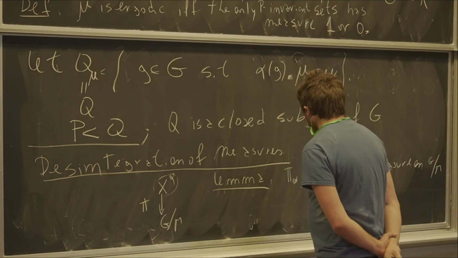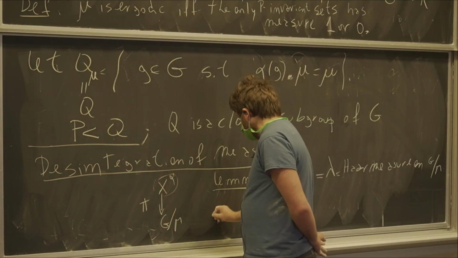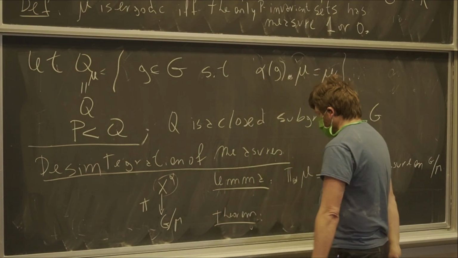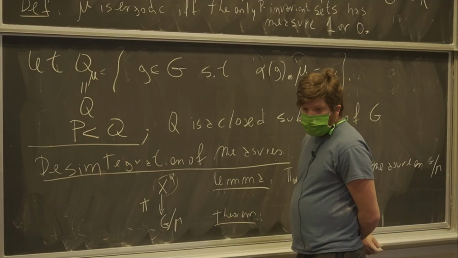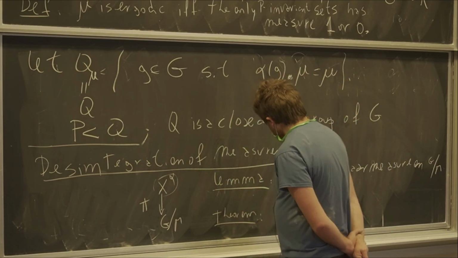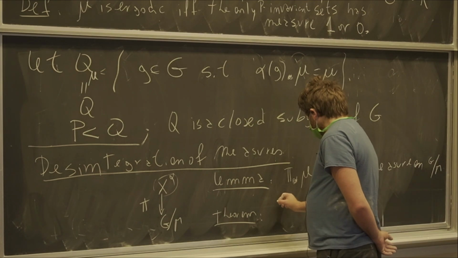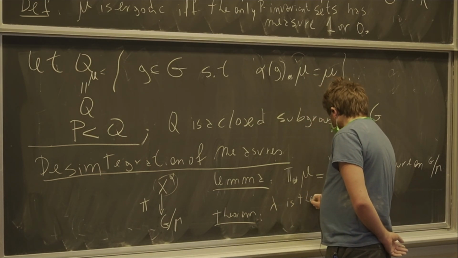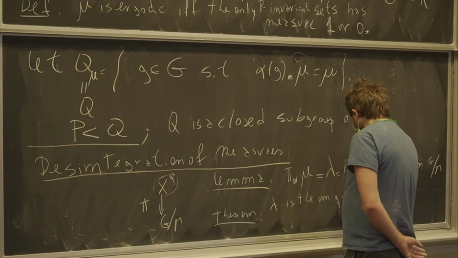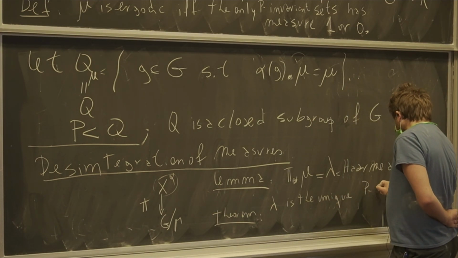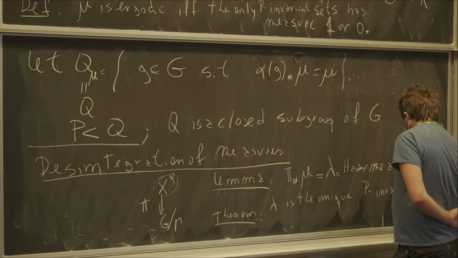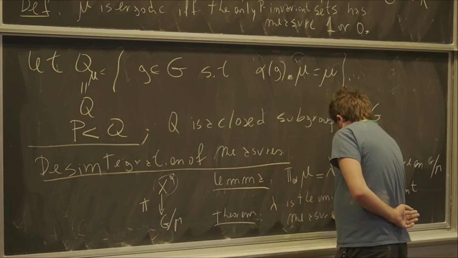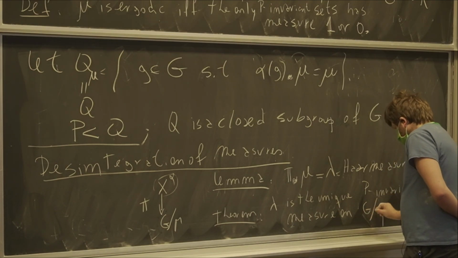Actually, this follows from the following theorem, which is very important. Probably we will prove it later. It's not extremely hard, it is beautiful, and it says that Haar measure, so lambda, is the unique P-invariant measure on G mod gamma.